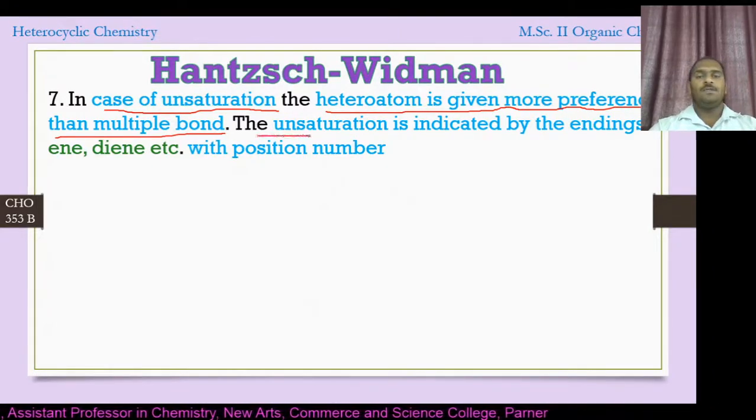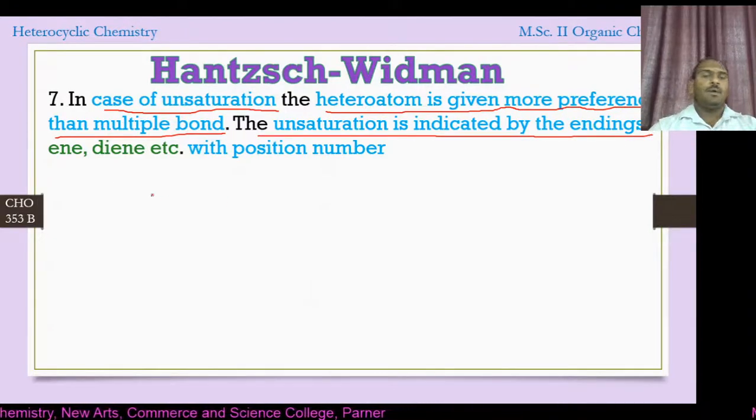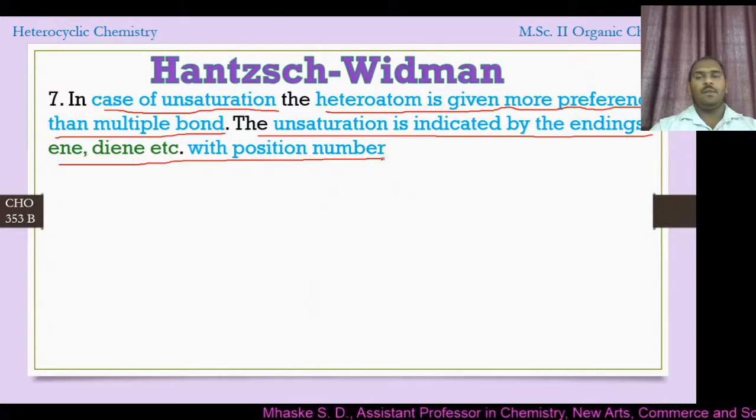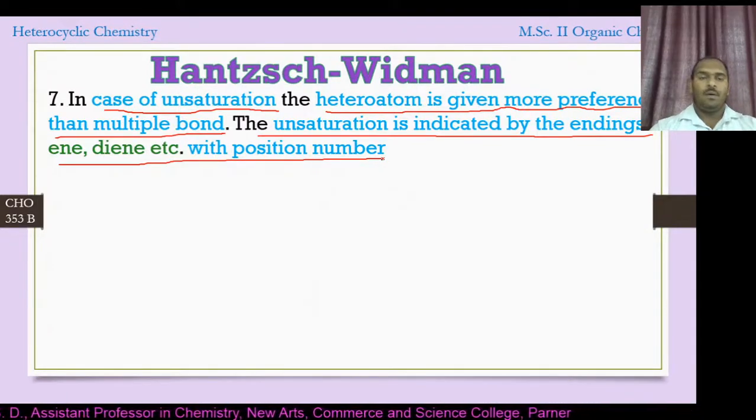The unsaturation is indicated by the ending -ene or -diene with the position number of that unsaturation. So the parent will become unsaturated and hence end with -ene for a double bond, and if there are two double bonds, then -diene is placed. Here also we have to mention the position number before writing the parent name.